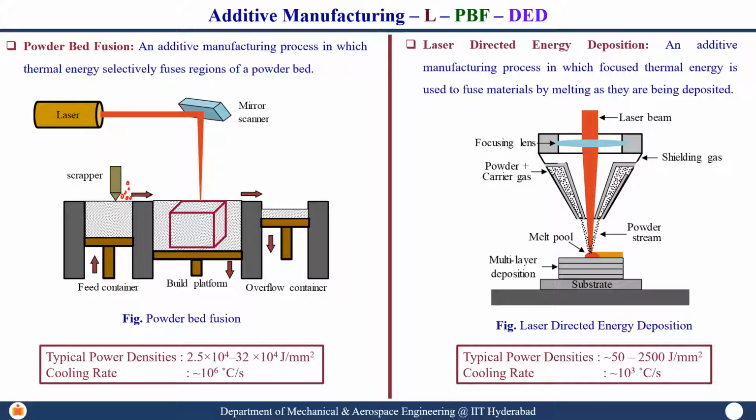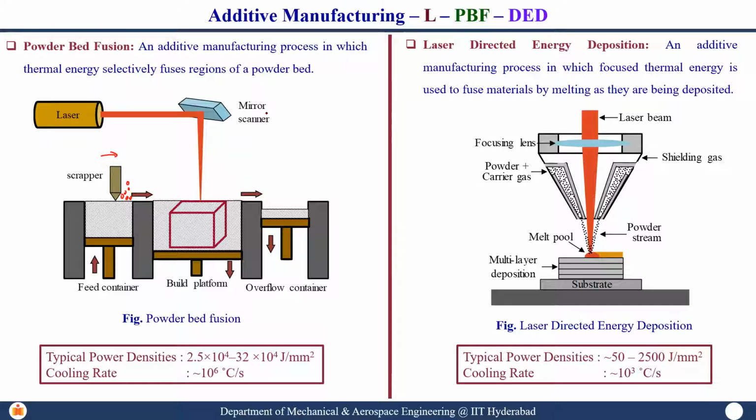Let us say I require 5 grams of powder to uniformly cover this build platform. Typically I take 10 or 20 grams, because to spread it uniformly, the dose factor should be slightly higher than the required quantity.